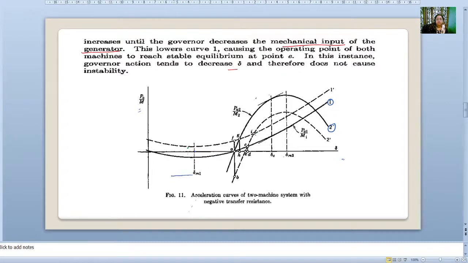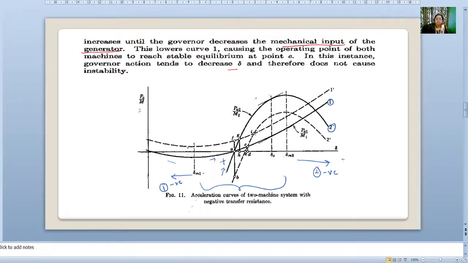Before del M1, machine 1 is having negative slope because it is going in the negative direction. In between del M1 and del M2, this is increasing and this is also increasing, so both machines are having positive slope. After del M2, machine 2 is decreasing, so machine 2 is having negative slope.